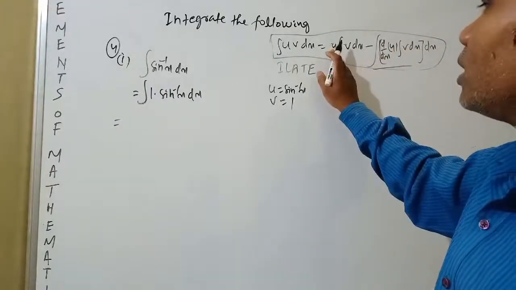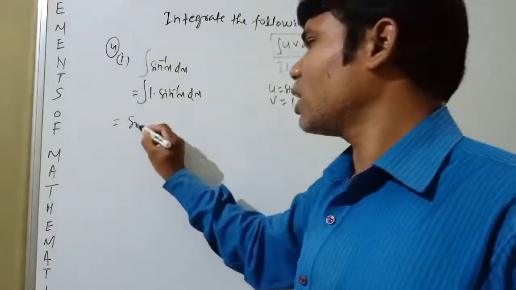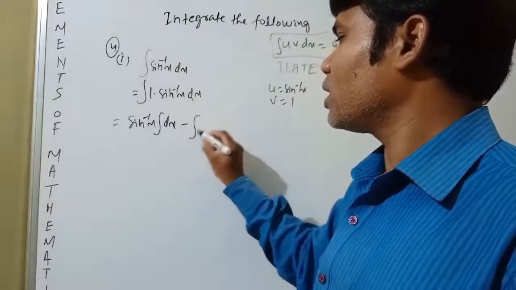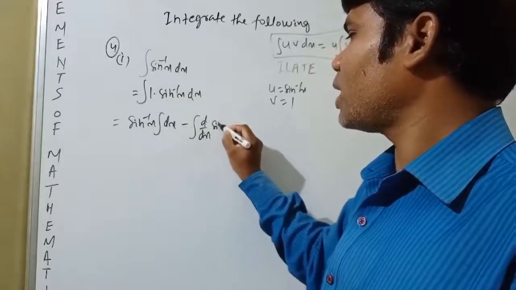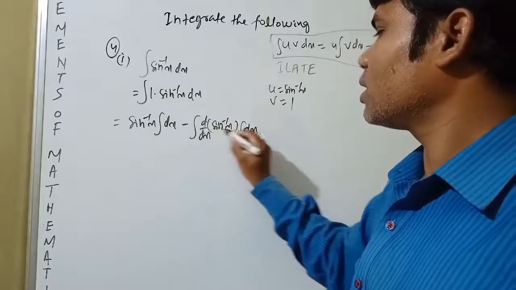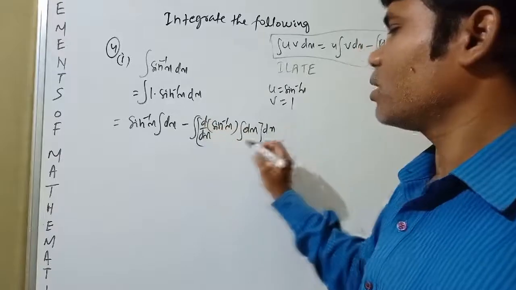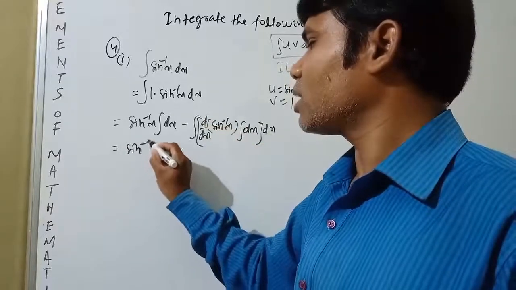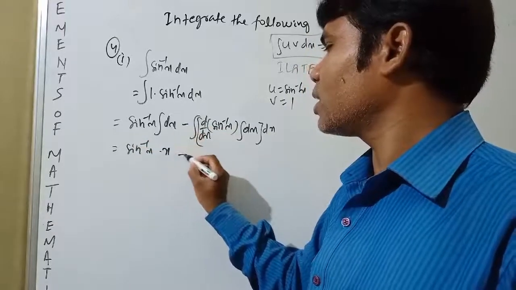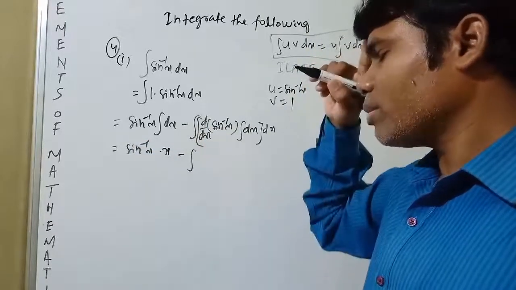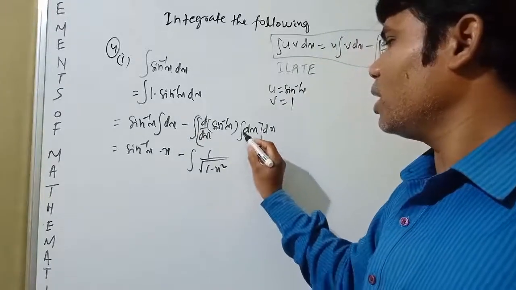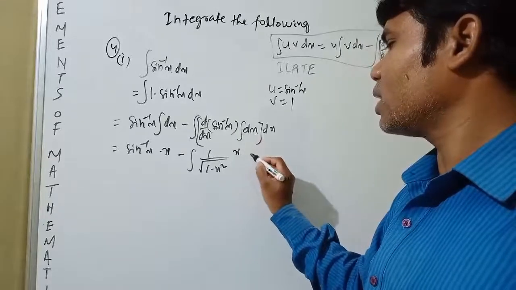Here u means sin inverse x, so sin inverse x into integration of 1 dx, that is x, minus integration of derivative of sin inverse x, that is 1 by root over 1 minus x square, into integration of dx, that is x, dx.